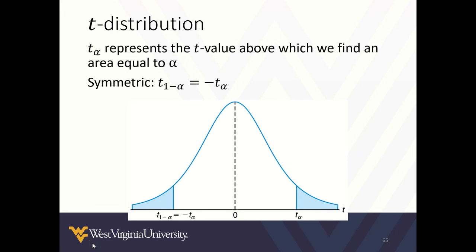So for our t-distribution, our t-alpha value will represent the t-value above which we find an area equal to alpha. And since it's symmetric, t of 1 minus alpha is going to be equal to negative t alpha. Why is this important? These shaded regions, this idea of t alpha, are just a visual representation of those bounds of which we think of things being unusual or not.